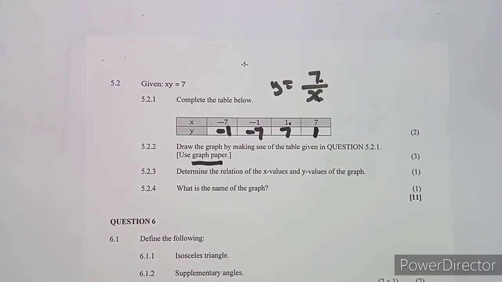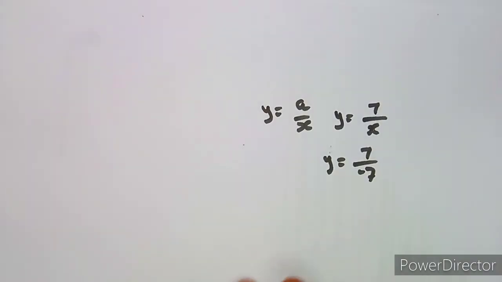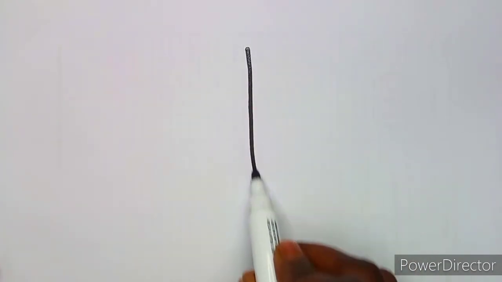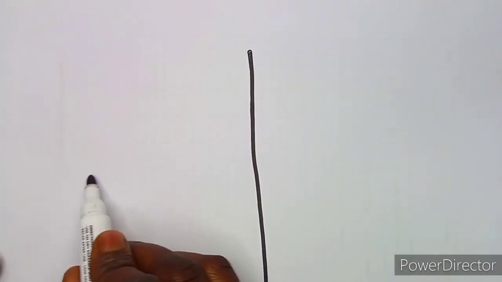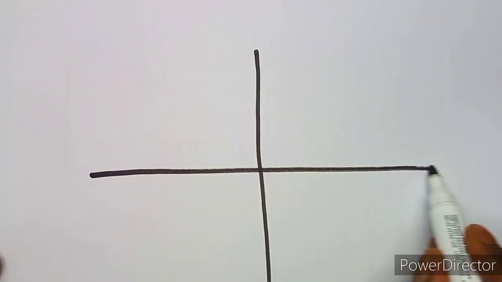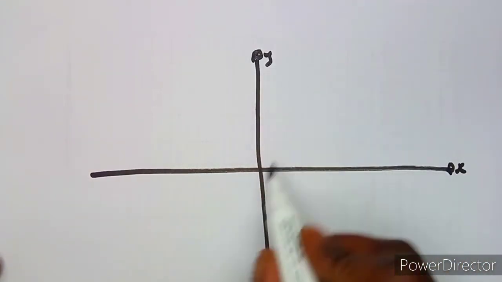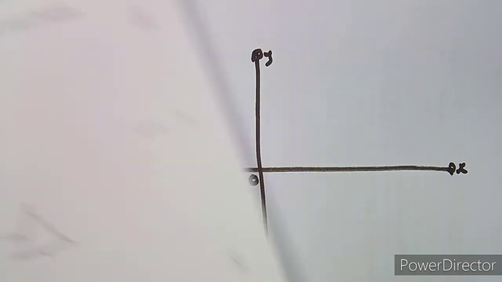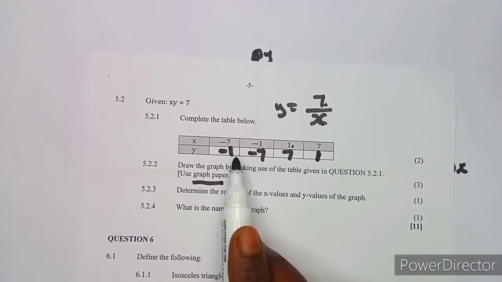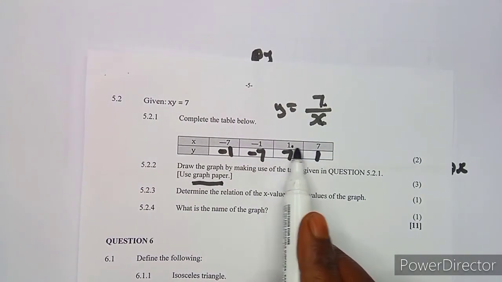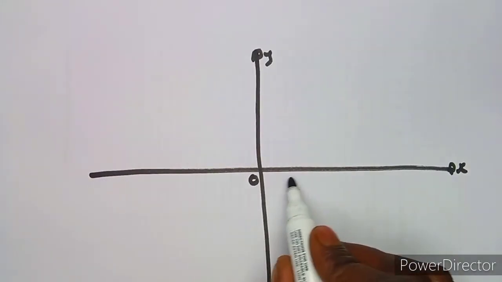All right, so what you're supposed to do, guys, is to make sure that you use your graph paper, because you'll be given the graph paper and so forth. But this is nothing actually. This graph is just going to look like this, whether you've got your graph paper there or you do not. You can understand what I'm trying to say here. These are the values of x from 1 up to 7. So you just make sure that you mark 1 up to 7.